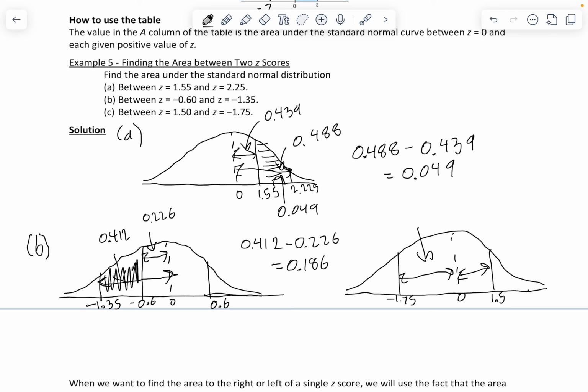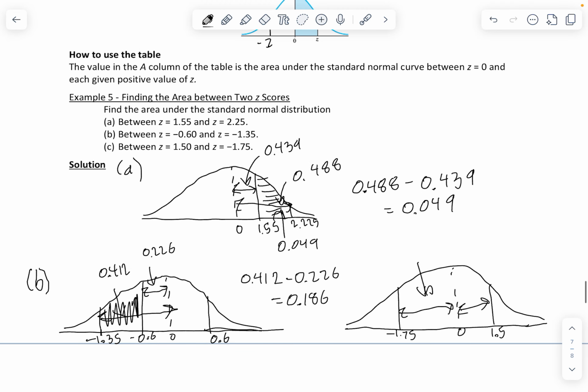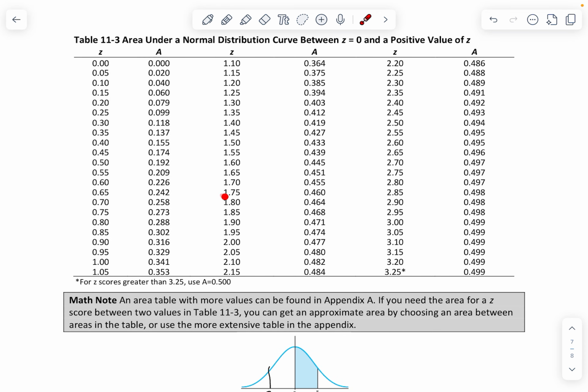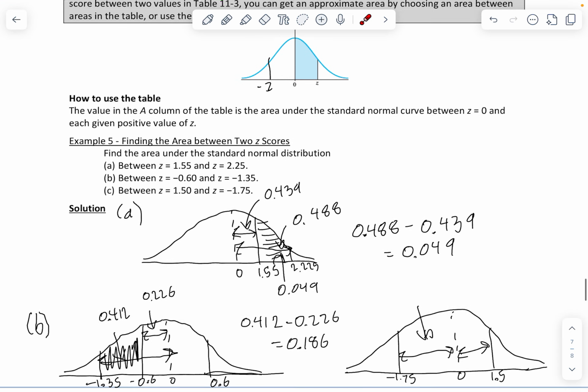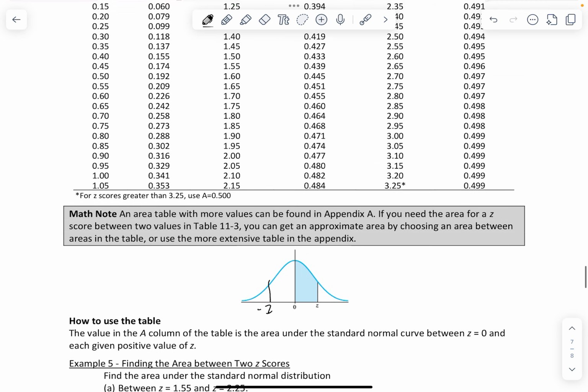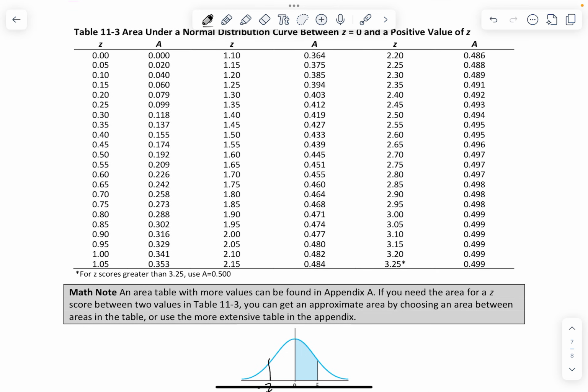So this area can be found by going to my table. My z-score is negative 1.75. So change that to a positive 1.75. My area is 0.46. Okay, so this area is 0.460. This area, I've got a z-score of 1.5 right here.